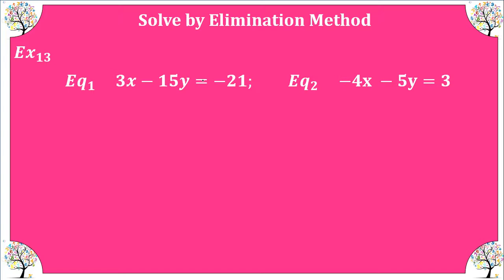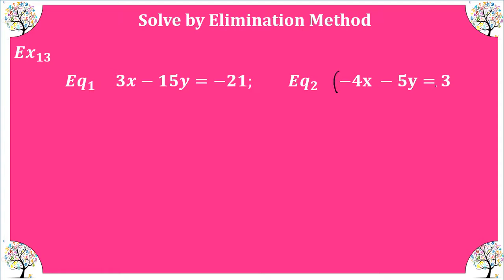Okay, let's take a look at this example. I am looking for a pair of opposites. I do not have a pair of opposite variables. I can see that here I have negative 15y and negative 5y. If I created a positive 15y here, that would work.